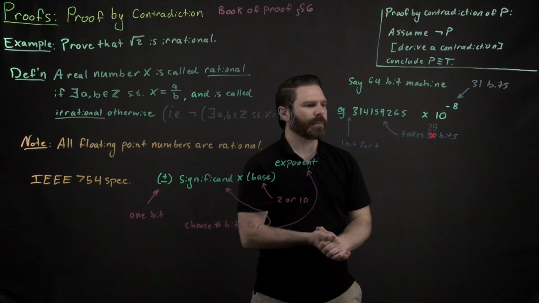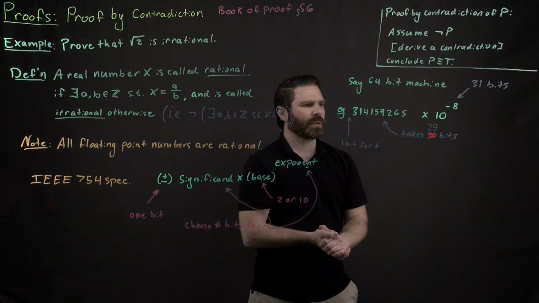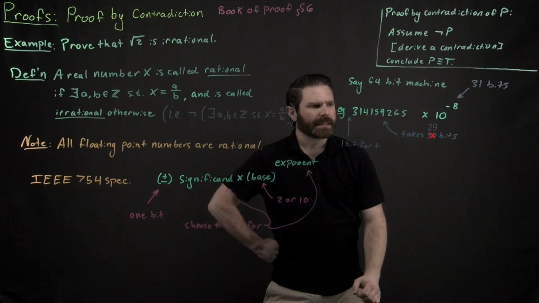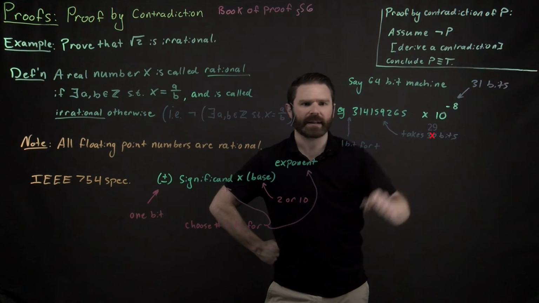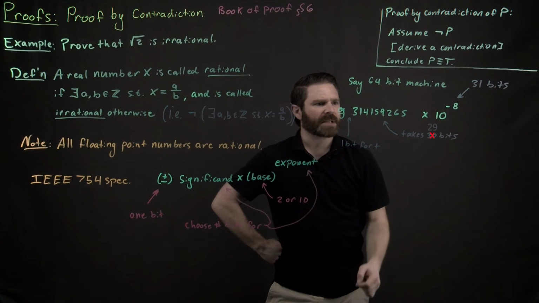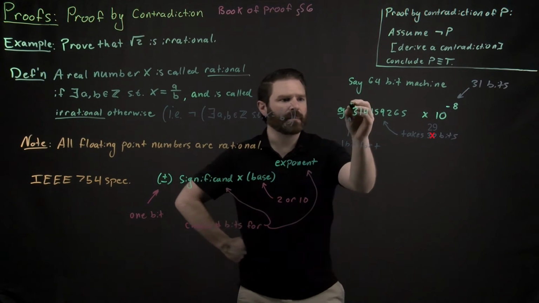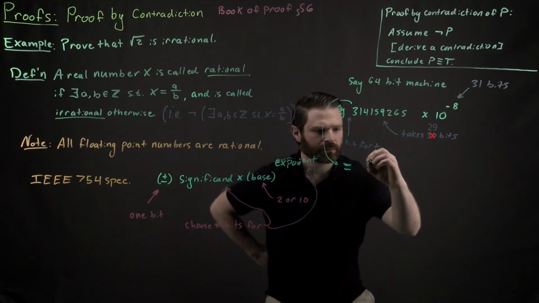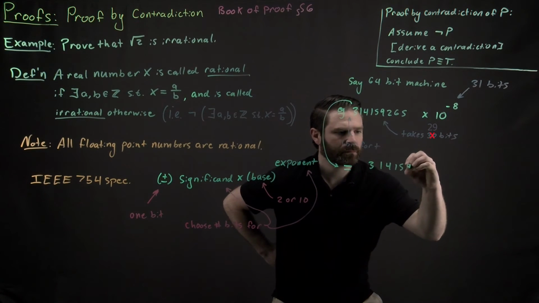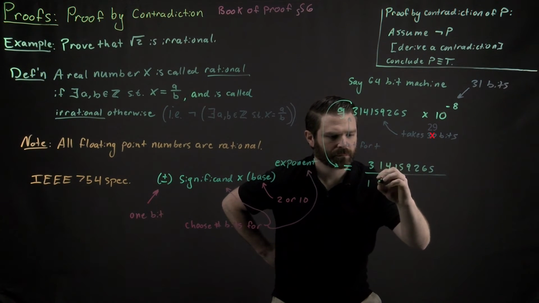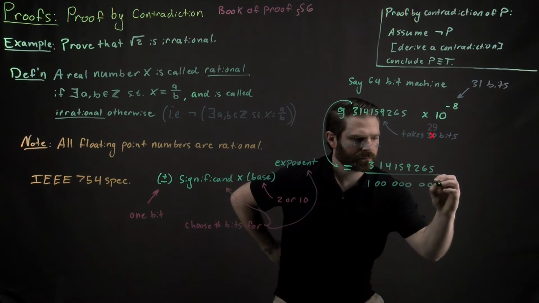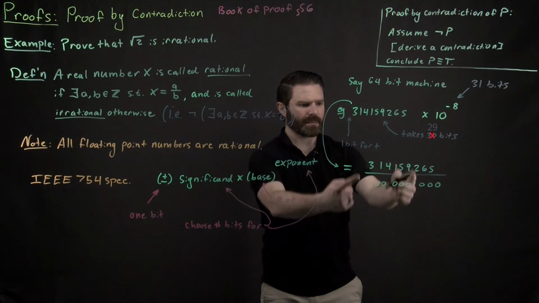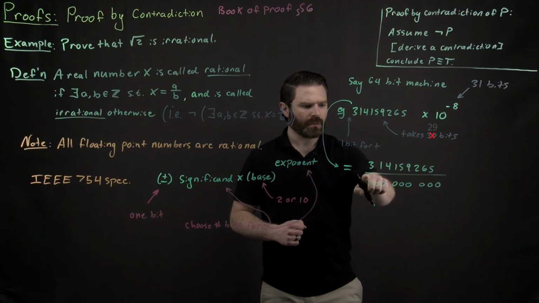Well, this is a floating point number. We only had a finite number of bits to work with, and so if you took this expression and rewrote it, since this is times 10 to the -8, a negative exponent, that means we put it in the denominator. This number is equal to the following: an integer over an integer.